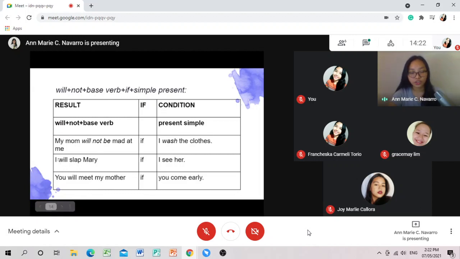I can see the word not in the second and third sentences. So just remember that to make a negative structure sentence, in this form, you will put not in between will and the base verb.